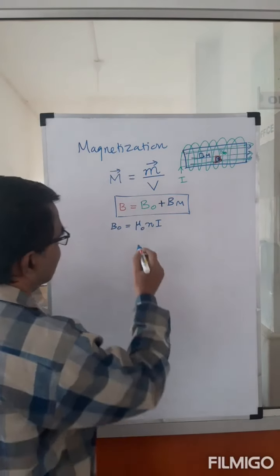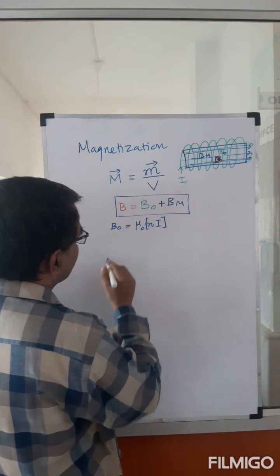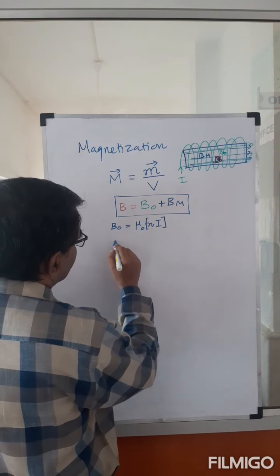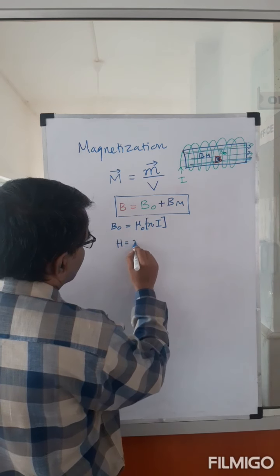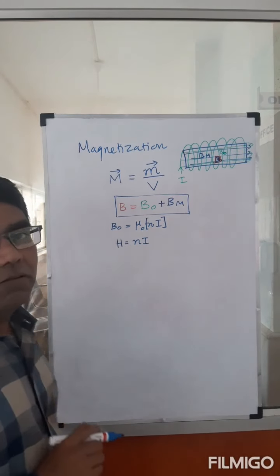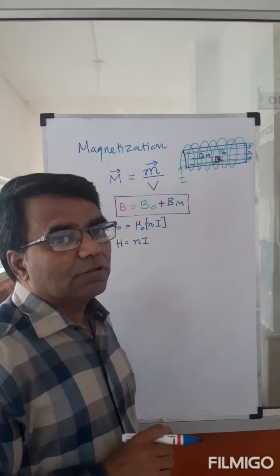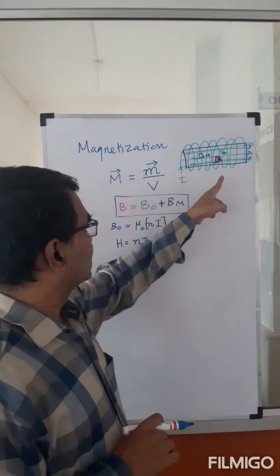Okay. Let me just take this out. nI, I'm going to call nI as H. H is equal to nI. Okay, you look at this field.